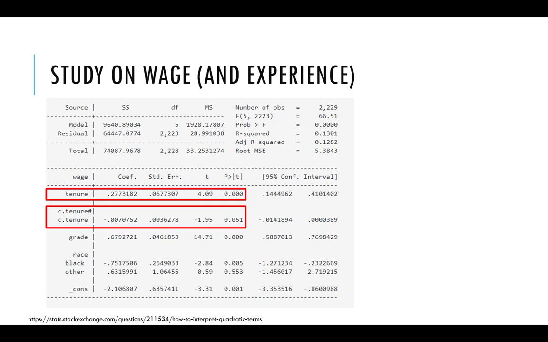So my second example, the one that's new for this lecture, is a wage study. And wage here is a function of experience. Now in this example, they're calling experience tenure. What's your tenure at your university? What's your tenure at your current employer, for example?